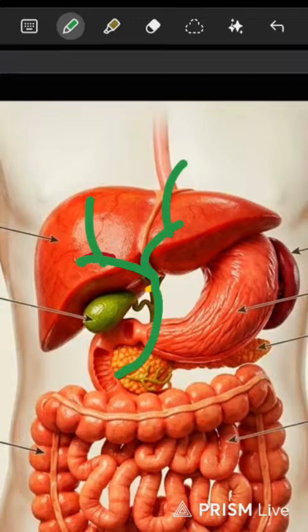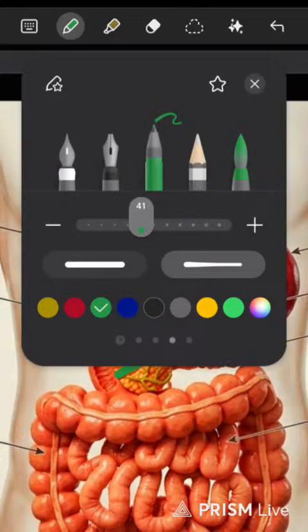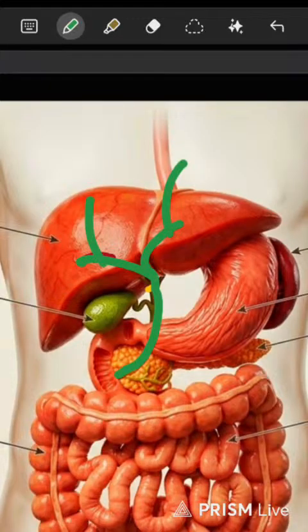After that, in between, the gallbladder connects to the hepatic duct. This part is called the CBD, common bile duct.